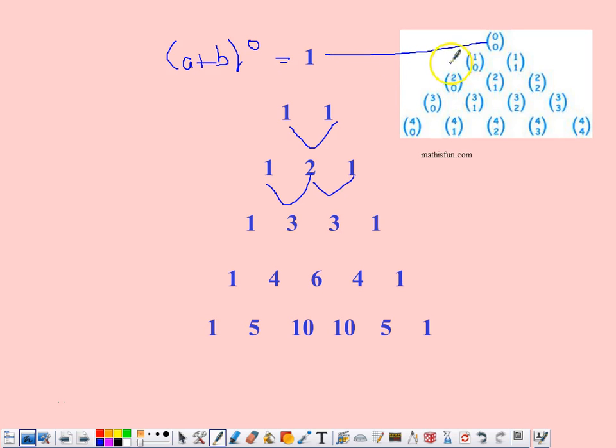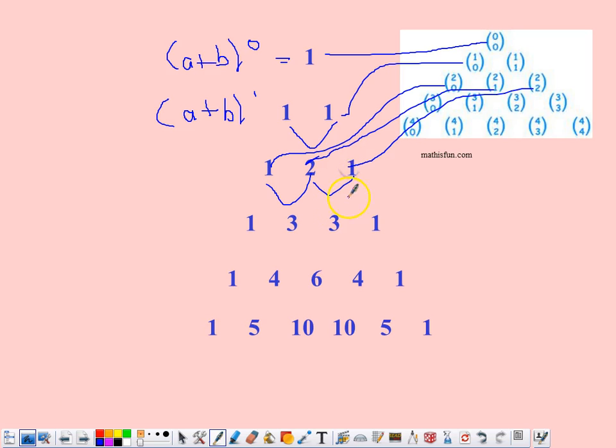Okay, on this row, this is the combination of 1 thing taken 0 at a time, 1 thing taken 1 at a time. So this is also the coefficients that I need for a plus b to the 1, because it's just going to be a plus b. Okay, this guy, 2 things taken 0 at a time, 2 things taken 1, 2 things taken 2. So what's nice about this is if I know that I'm raising something to, say, just give me a number.